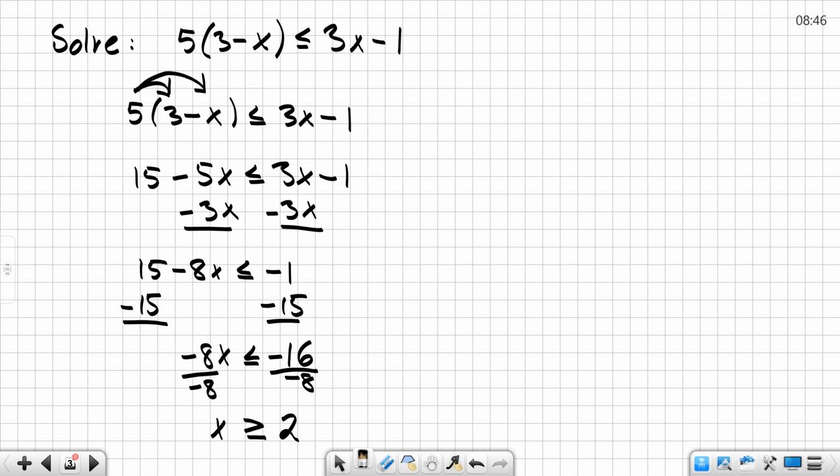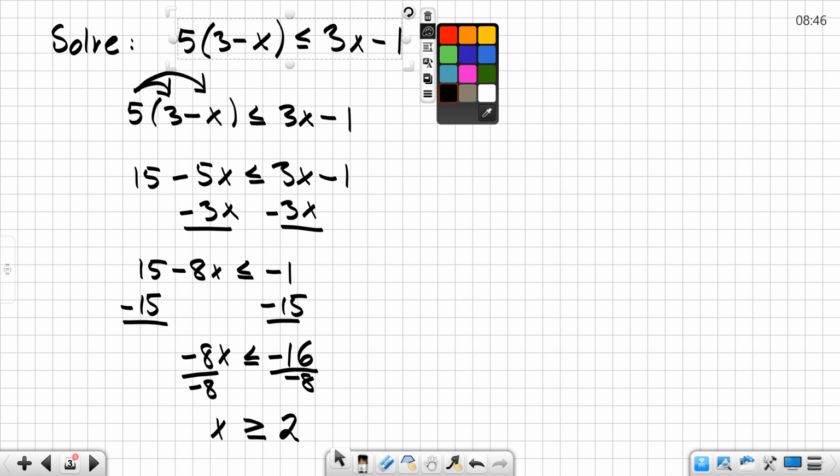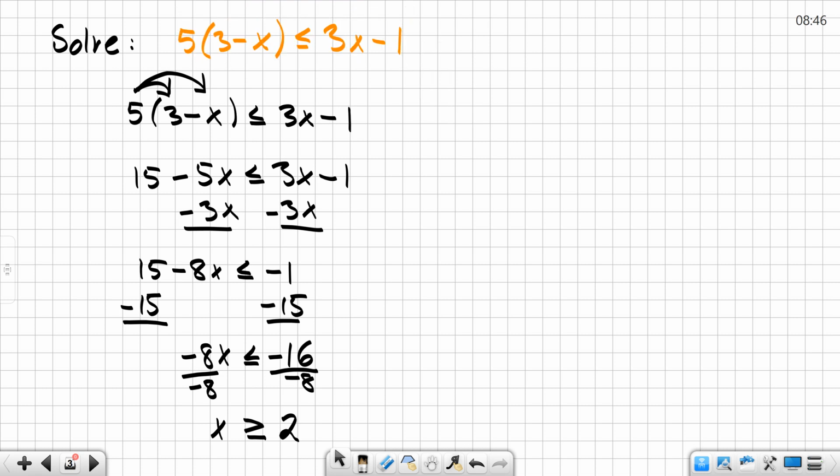So x has to be greater than or equal to 2 in order for my original inequality to be a true statement. I can test this by plugging in numbers that are bigger than or equal to 2 to see whether this really holds. Let's sketch the graph of this.